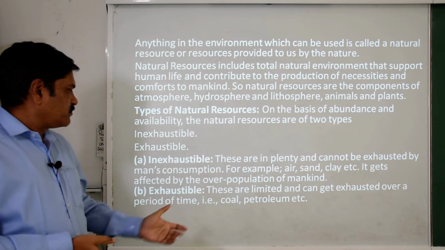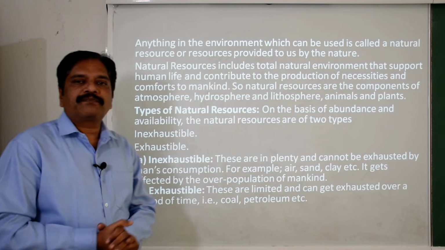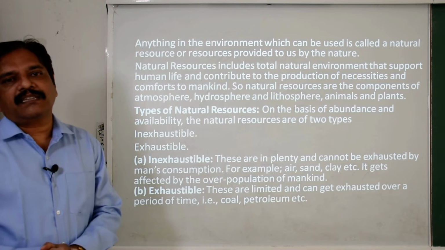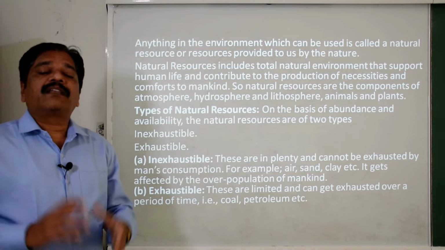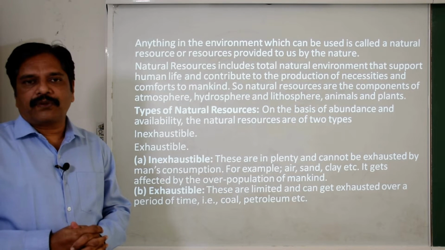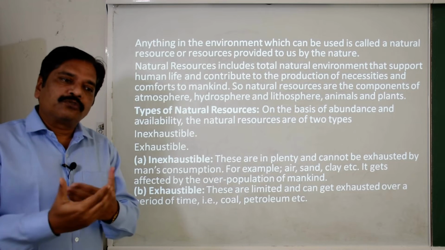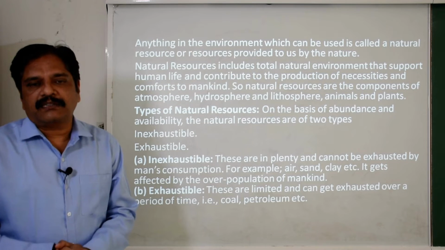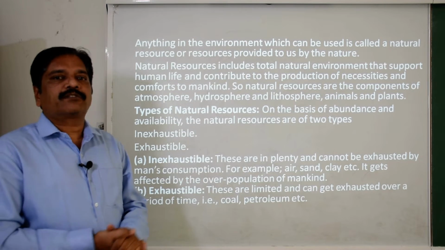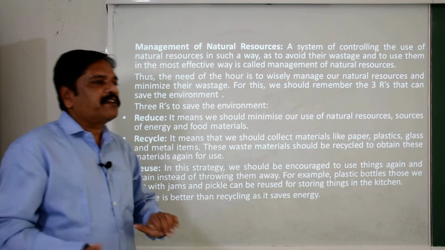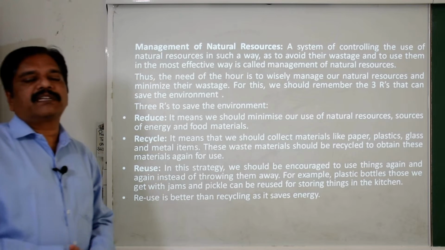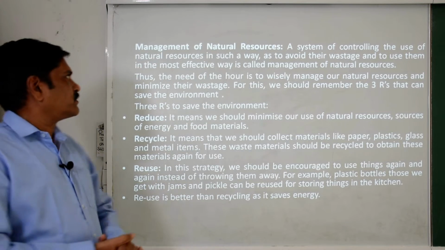Coal and petroleum are considered exhaustible natural resources because their availability is very limited, and to reform them they need billions of years. So remember, this is the classification of natural resources: exhaustible and inexhaustible.